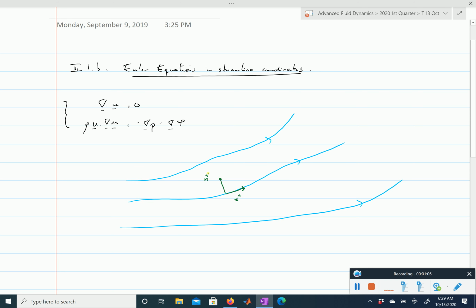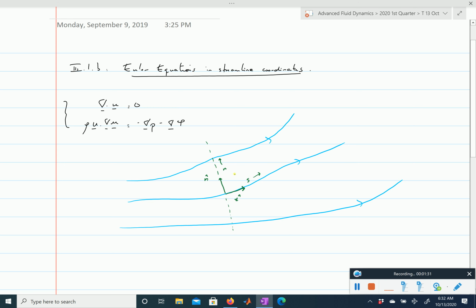a normal vector. So what mathematicians can do is glue a coordinate system to that streamline, and s will be your coordinate along this direction, and n would be your coordinate along that direction, just like x would be your coordinate along the x direction and y your coordinate along the y direction.